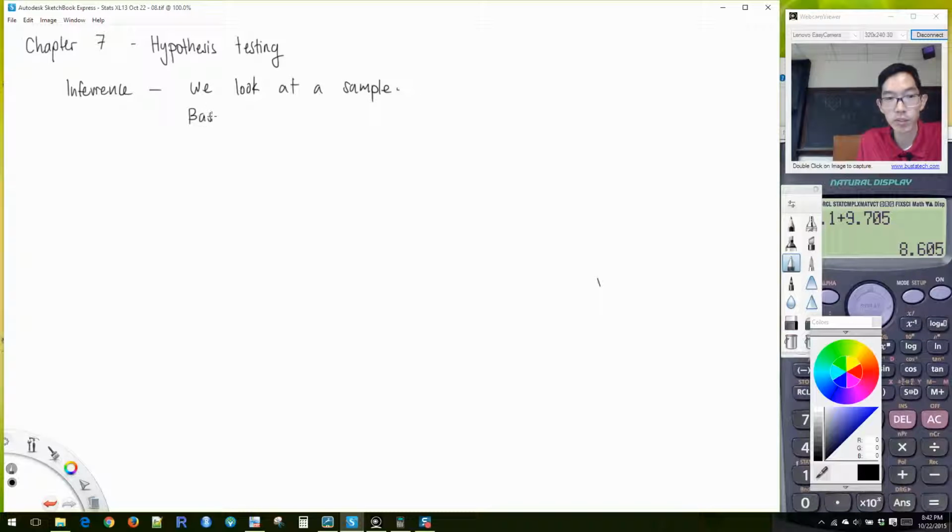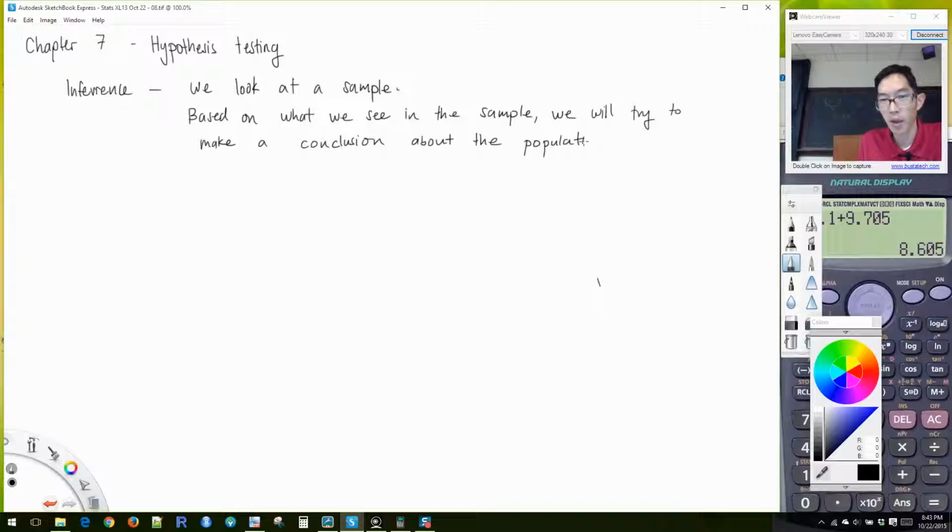Based on what we see in the sample, we will try to make a conclusion about the population. Okay. And the conclusions we make about the population are based on a pair of hypotheses that we create.